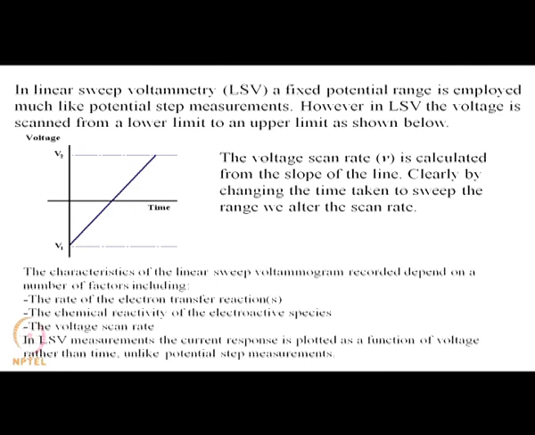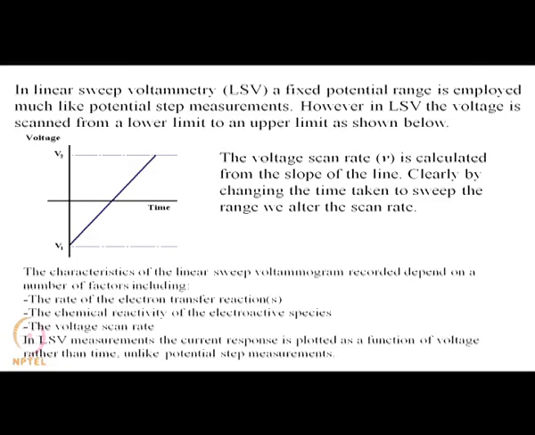One is the rate of electron transfer, since you are monitoring some electron transfer reaction at the electrode. Then the chemical reactivity of the electroactive species, if it is a highly reactive species. And of course, the voltage scan rate.